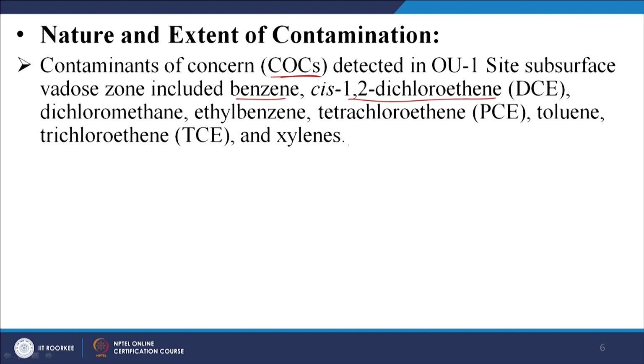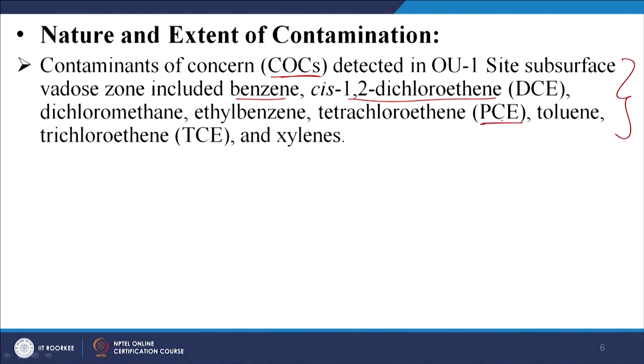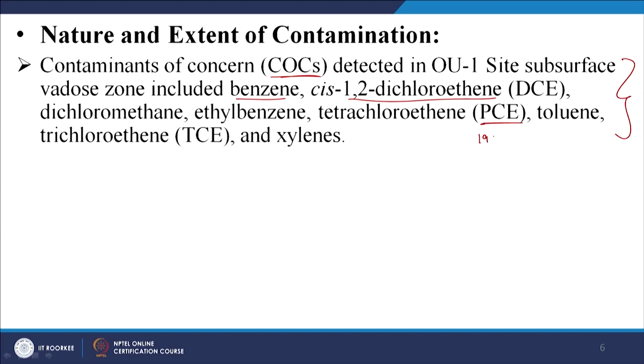Typically volatile compounds, or at least almost all of these are volatile organic compounds, with various degrees of volatility, as in some are relatively more volatile or would want to strongly stay in the gaseous phase compared to some of the other compounds, but you get the general picture out here. And obviously, once you have, let us say, tetrachloroethylene, you are going to have the relevant byproducts too, depending upon the extent or the time from contamination. And as we know, the relevant time period was between 1947 to 1997.